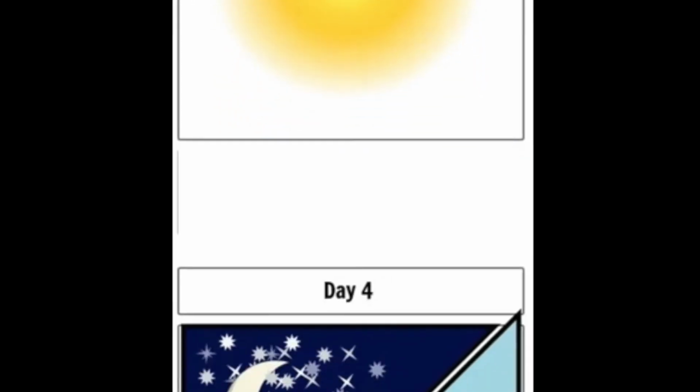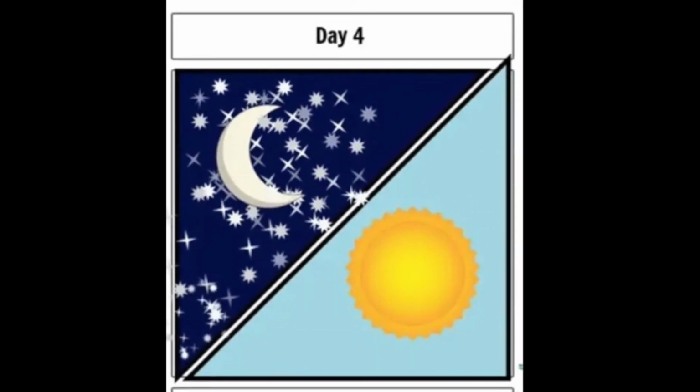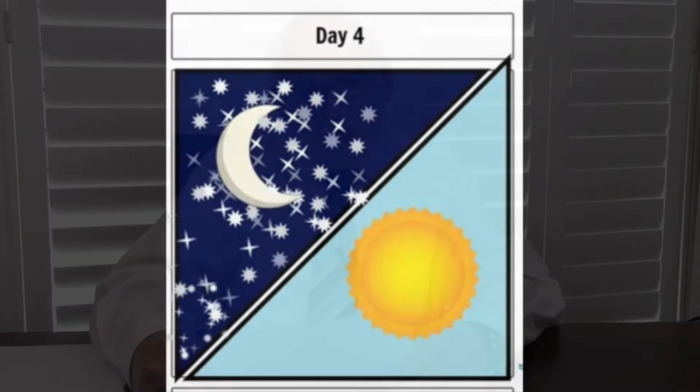And then on day 4, the sun, the moon, and the stars are mentioned specifically. Now we can assume that the sun, moon, and stars were actually created on that first day of light, because that's where we receive our light. But they are mentioned on day 4 because God sets them apart to distinguish time from time.